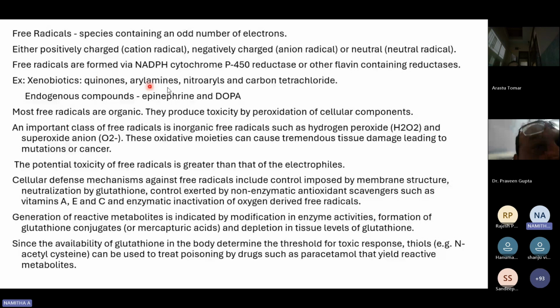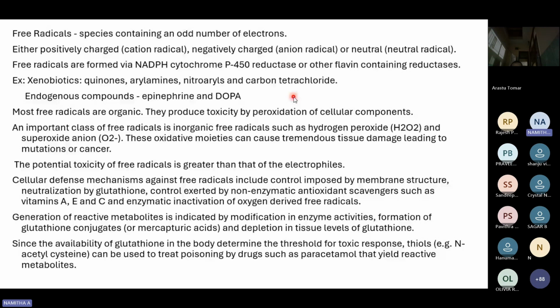Some endogenous compounds also give rise to free radicals, like epinephrine and dopa. Most of the free radicals are organic. They produce toxicity by peroxidation of cellular components.